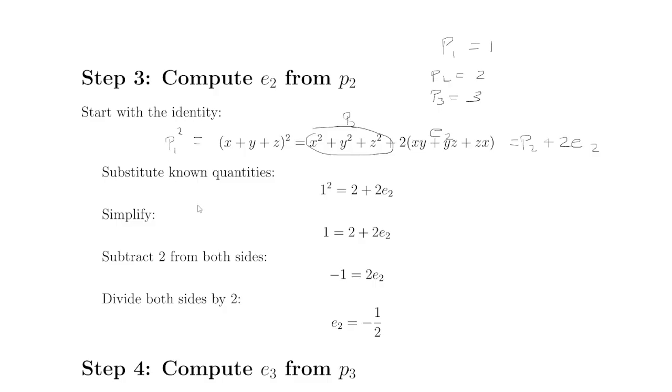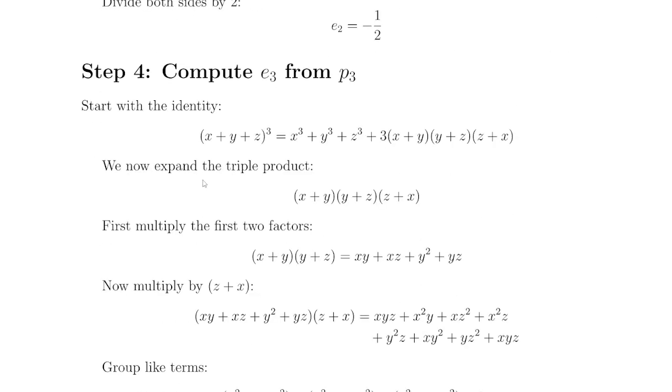Now we want to compute E3 from P3. So we're going to consider x plus y plus z quantity cubed, which is P1 cubed, equals x cubed plus y cubed plus z cubed, which is P3, plus now this stuff. We're going to have to expand it and then factor to get to something that we already know.